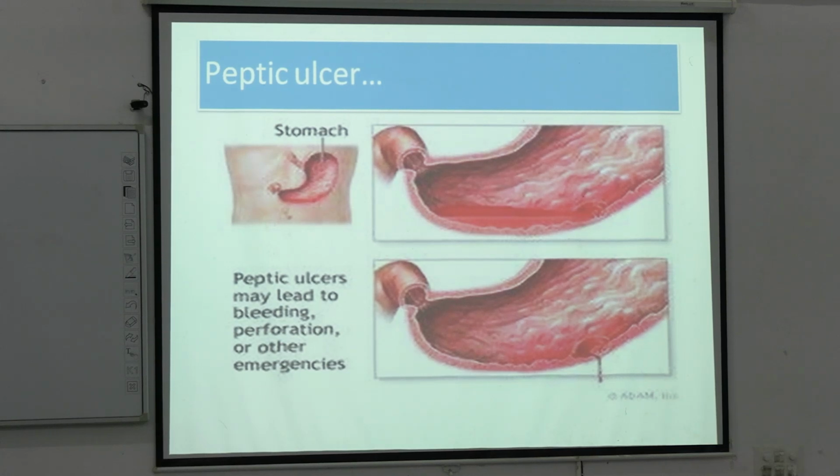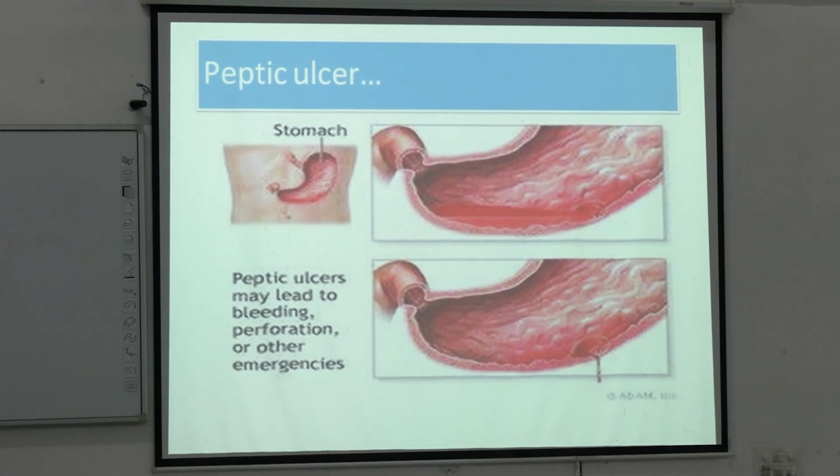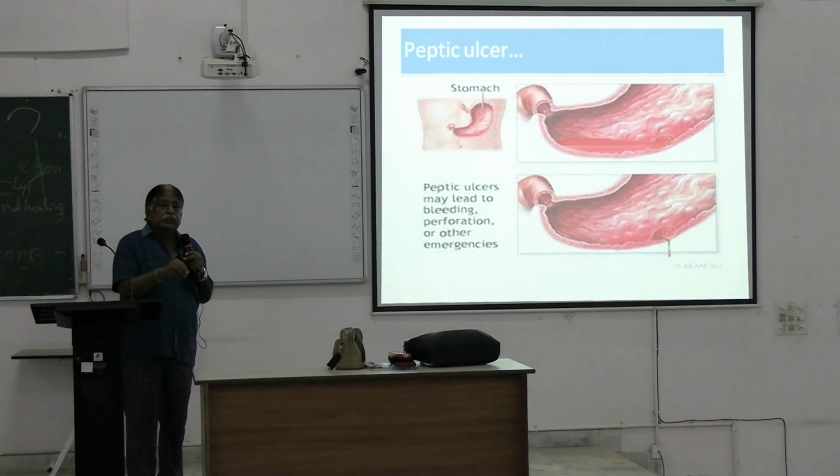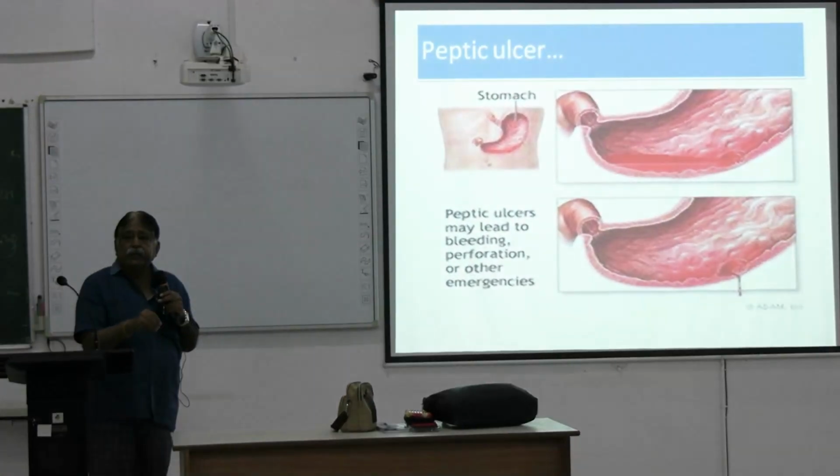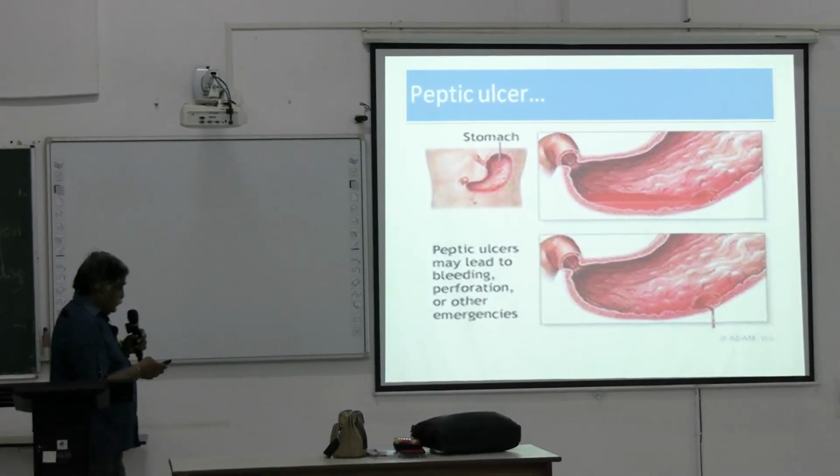Sometimes, if the patient comes late to you, the omentum will be trying to control it. The omentum is also known as the policeman of the abdomen. Before the closure, they put an omental patch on the area where the perforation has occurred.